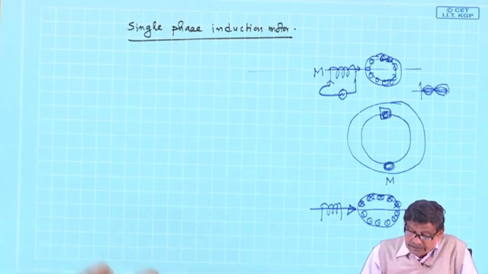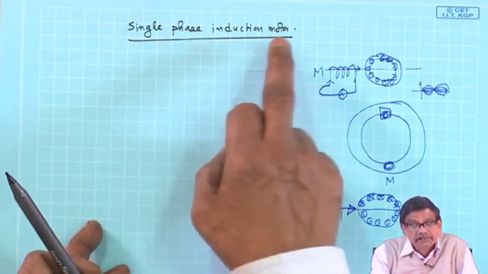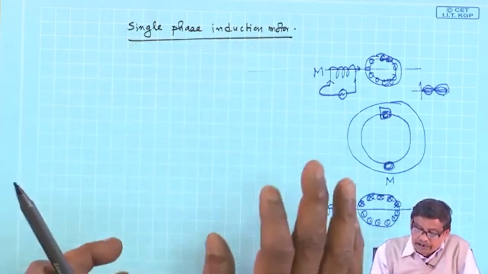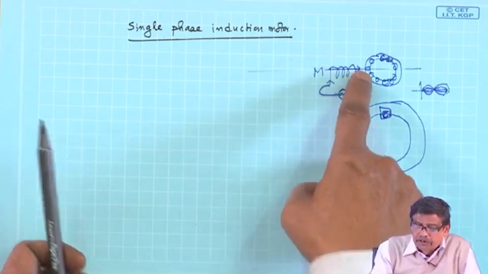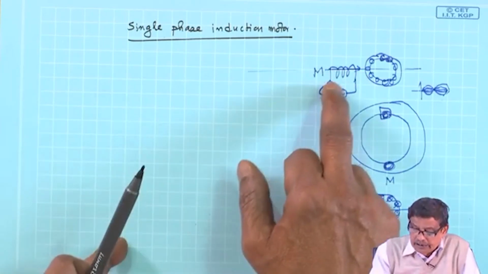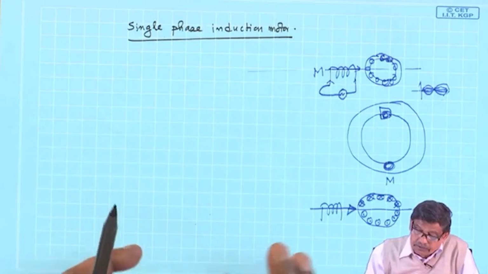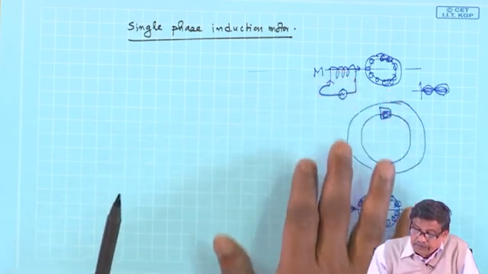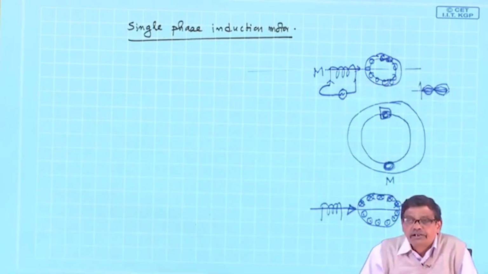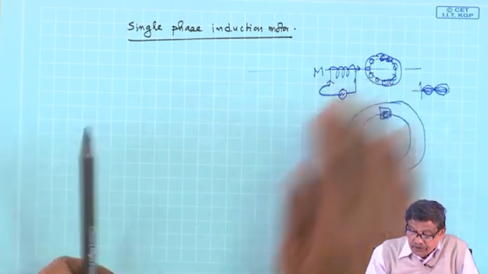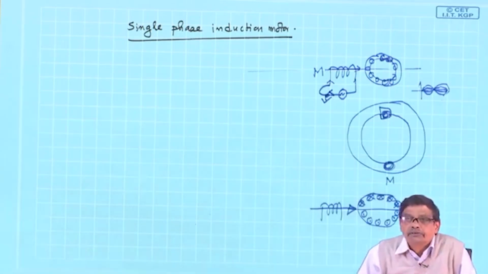Therefore, at least I can conclude this much: although it is called a single phase induction motor, I expect it to operate from a single phase source, and it is expected to have a single winding on the stator like this. If I supply this winding with a single phase voltage, no way: if the machine was stationary, initially stopped, and you have switched on the supply here, the machine is not going to rotate.